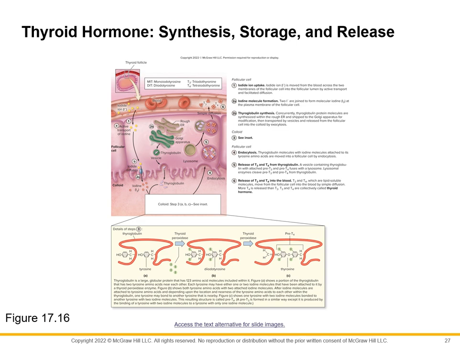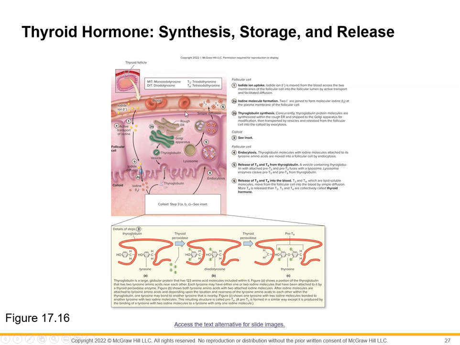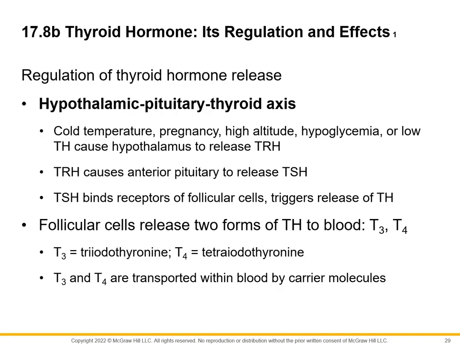If I go back another slide, you can see the vascularity. Here's a bunch of blood vessels in this thyroid tissue, and that's where you're secreting this thyroid hormone back into the blood supply, because we've said several times that endocrine organs are extremely vascular.